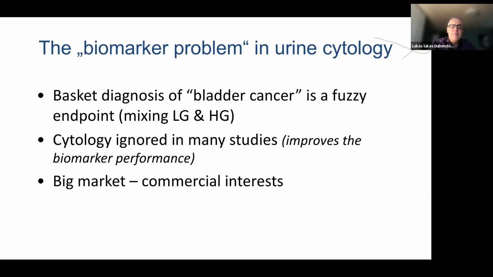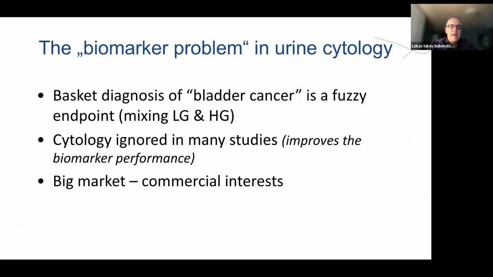And this makes no sense because we know high-grade is the important tumor and not low-grade. In addition, in many studies, they just ignore the cytological finding. It's not even mentioned. So if you have a poor cytology performance, then you automatically improve the biomarker performance, but this has nothing to do with daily practice.